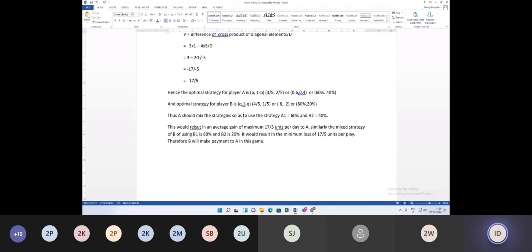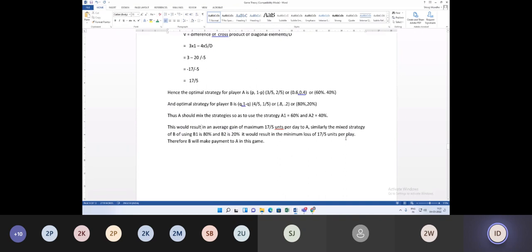Why mixing? Because in case of A, 60 and 40 is better. This would result in an average gain of maximum, that is 75 units per day to A. Similarly, the mixed strategy of B, using B1 at 80% and B2 at 20%, would result in a minimum loss of 70.5 per day.